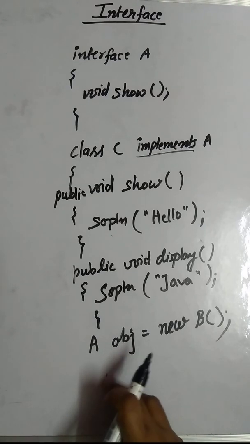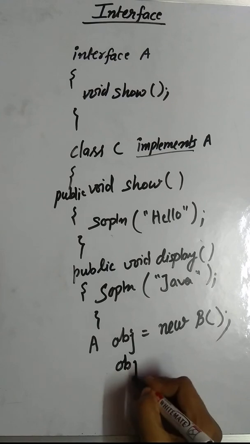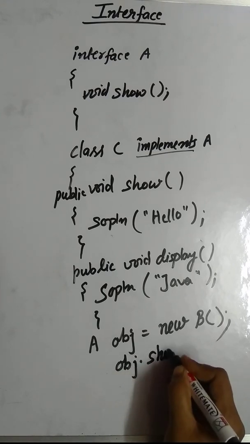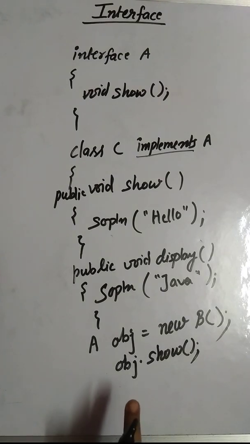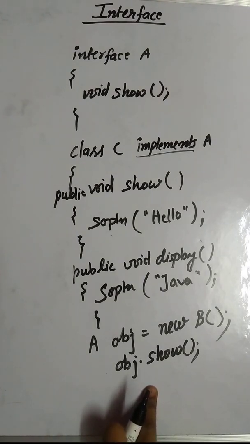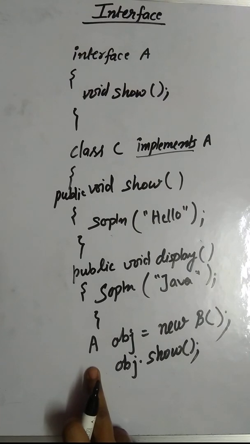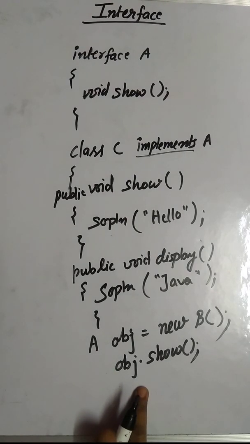After this we can call the method. How can we call it? obj dot show method. The show method is related to interface A, so we can call this method.